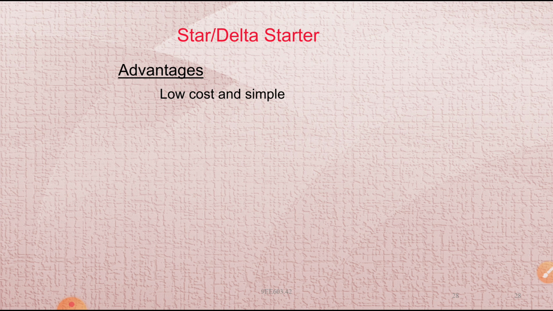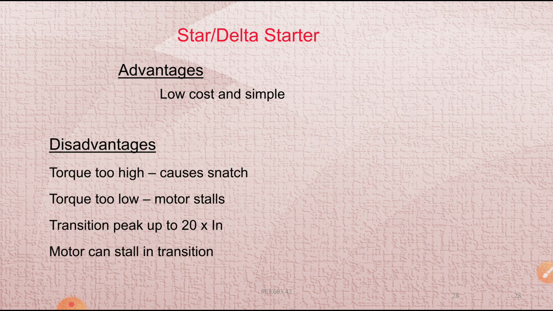What are the advantages here? It is low cost and simple as compared to the auto transformer. An auto transformer is bulky in size; here it is simple and low cost. And what are the disadvantages? The torque can be too high, which develops a very high torque and causes a snatch. If the torque is produced very low, the motor will stall.